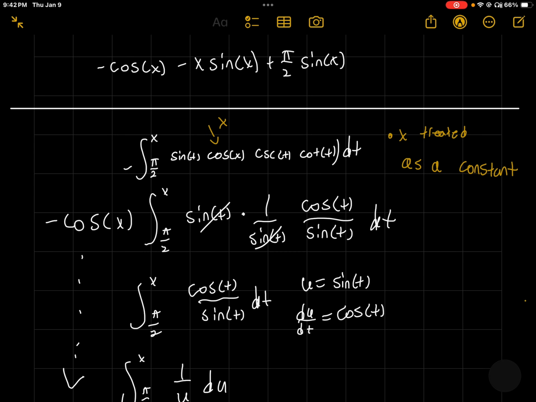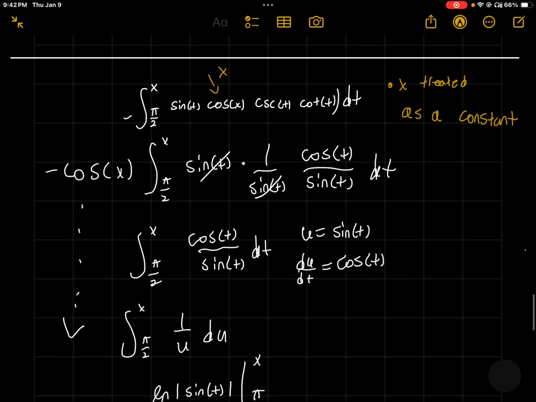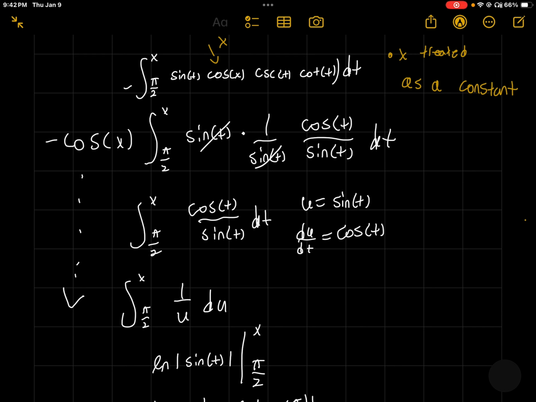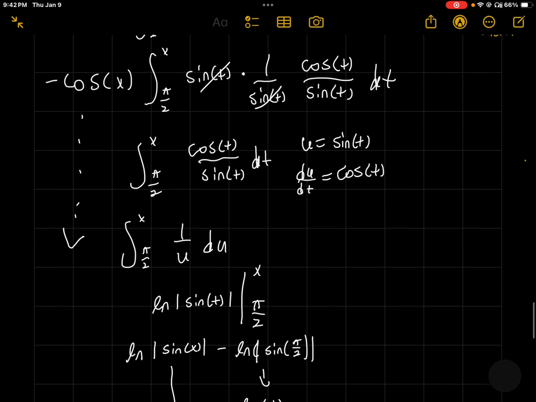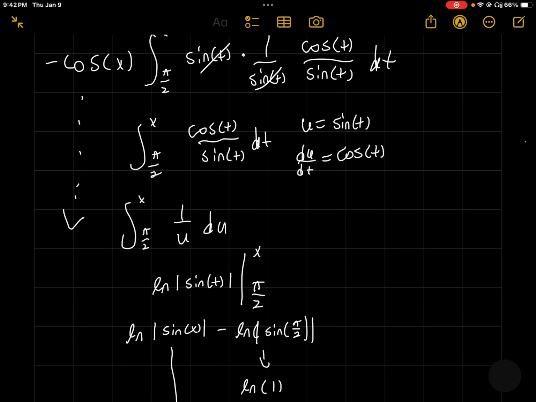Now we want to focus on the second part, where cosine is with respect to x, so we move that out. I converted everything in terms of sine and cosine inside the integral. We were able to cancel sine of t, and then we got a simple integral. I used a u substitution, and from there I got natural log of sine of t.